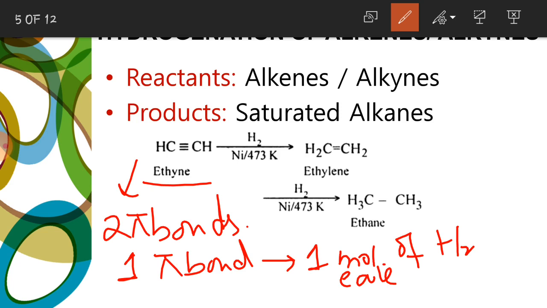So since in ethyne, which is an alkyne, there are two pi bonds, it will need two molecules of hydrogen in order to convert into a saturated alkane.